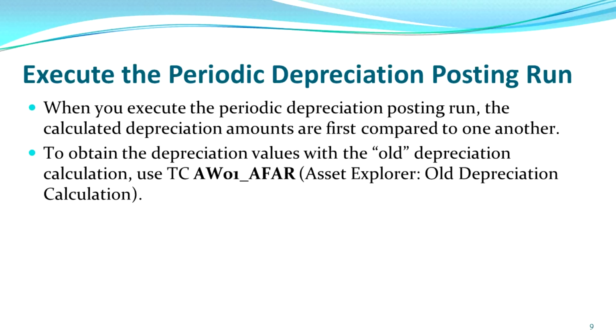So you need to check, and then execute the periodic depreciation posting run to compare whether it is activated and functioning properly or not. To obtain the depreciation values with the old depreciation calculation, use transaction code AW01_AFAR. If you use this transaction code, you will always get the old depreciation calculation value, whenever you use it.